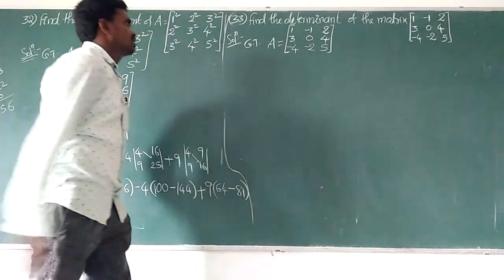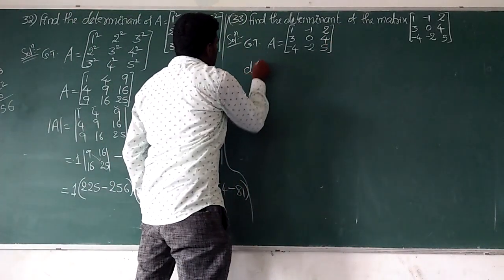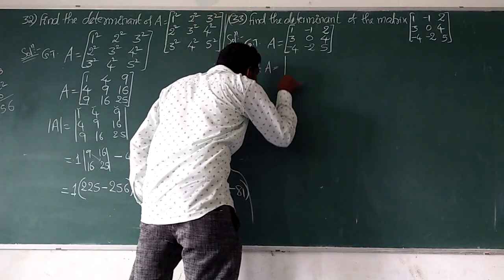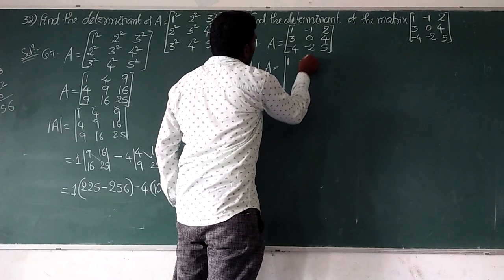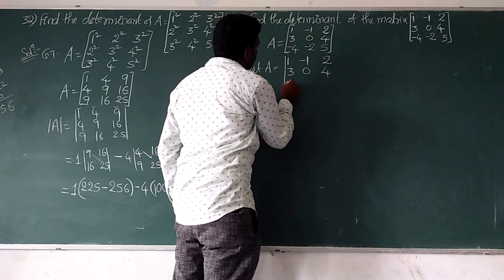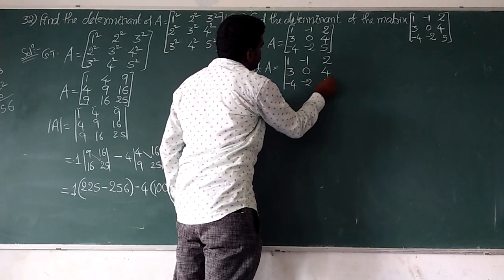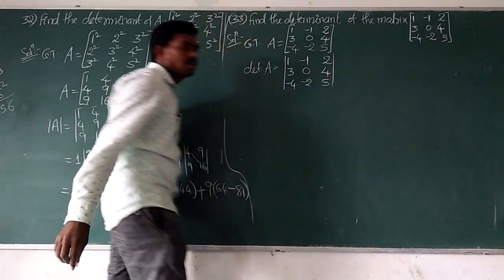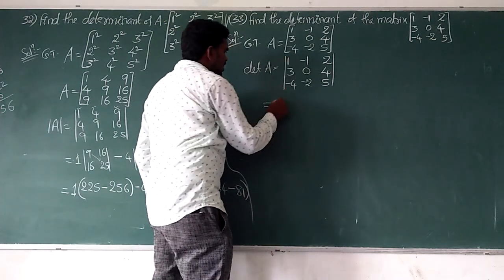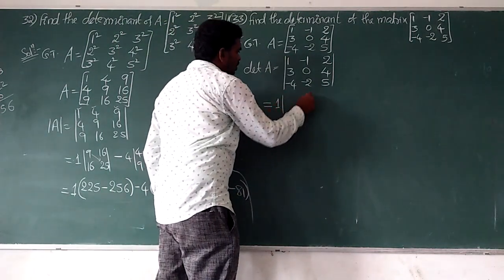This is the given matrix. Next, det A equal. We are asked to find the determinant. So det means what? Lines. Then simplifying: first 1 is there, 1 into determinant.